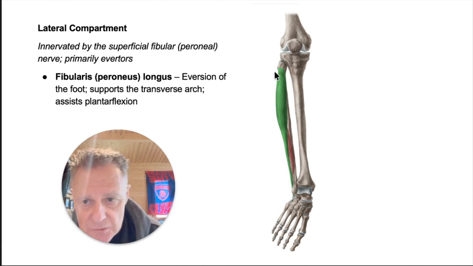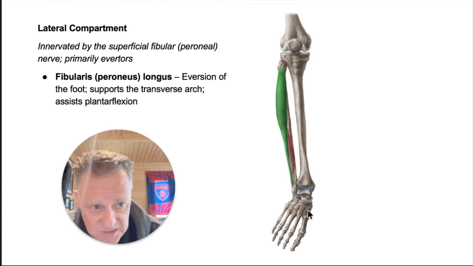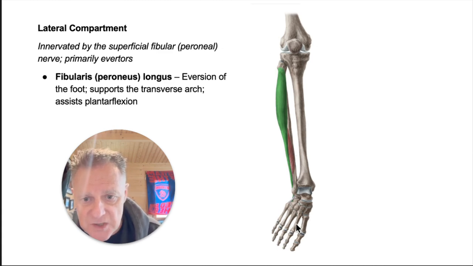So as a result, fibularis longus runs posterior to the lateral malleolus and goes inferior to the foot and inserts into the first metatarsal and the medial cuneiform on the bottom of the foot itself. So I'm sure you can see what this is going to do. It's going to plantar flex because it runs posterior to the lateral malleolus, and it will evert the foot as well.